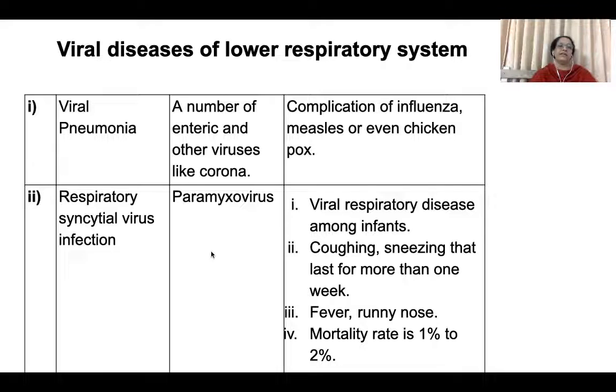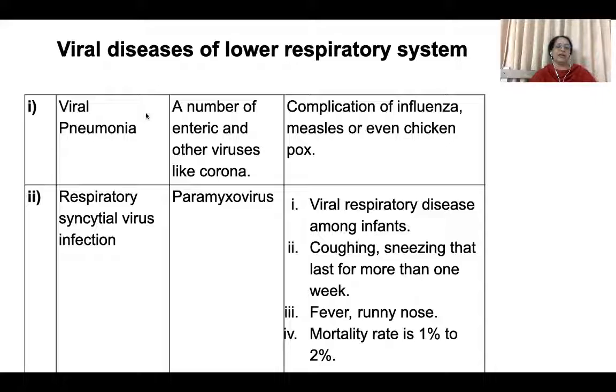Next category after rickettsial infections of the respiratory system: viral diseases of the lower respiratory system. Common cold is an example of a viral disease of the upper respiratory tract. Here we have to consider the lower respiratory system.